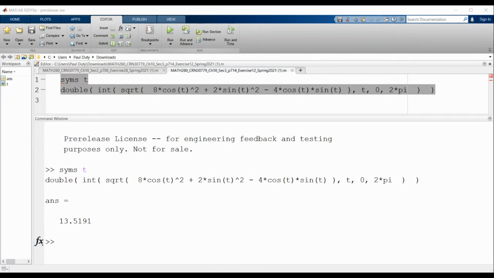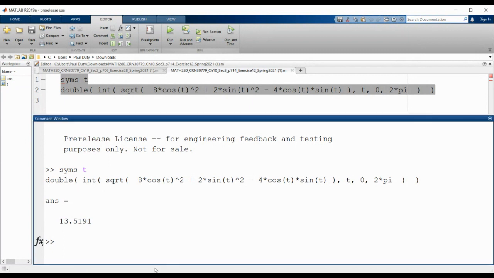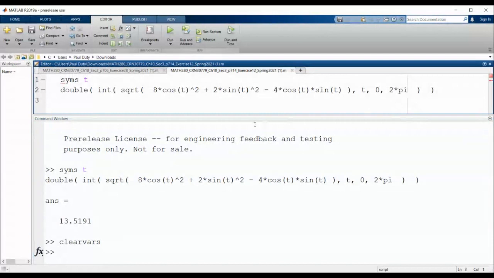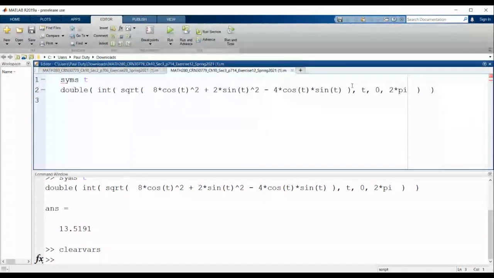Okay, all right, and also, if I want to have more decimals, and by the way, there's a command called clear vars. If you want to clear your variables from your workspace, you can use clear vars. That's probably not a bad idea to include in the code.